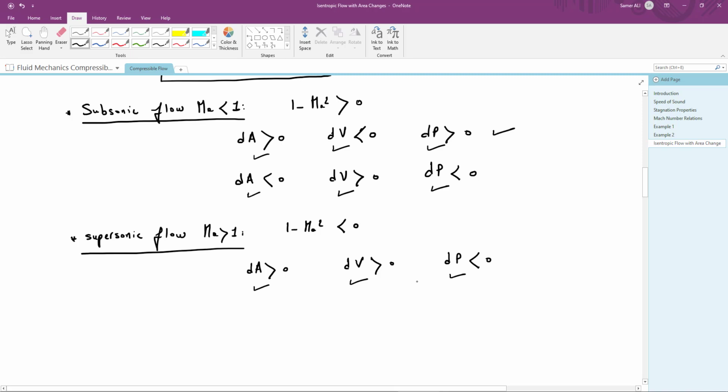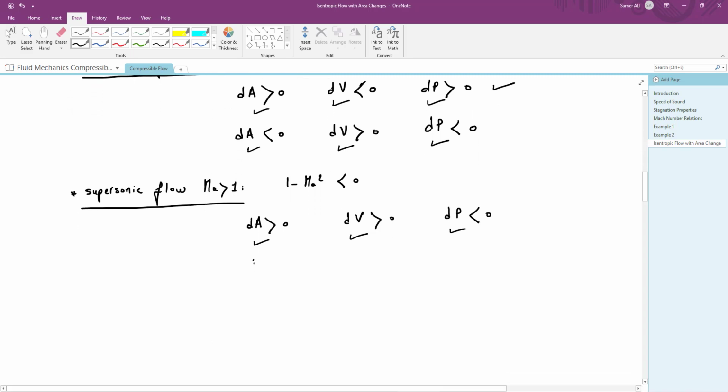So in fact, when you have a supersonic flow, in order to increase the velocity you need to increase the cross-sectional area. Okay? And if you have a restriction, so if dA is negative, we're decreasing the cross-sectional area.